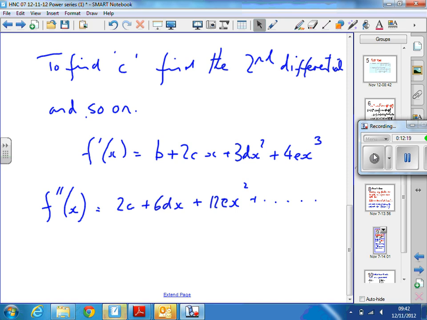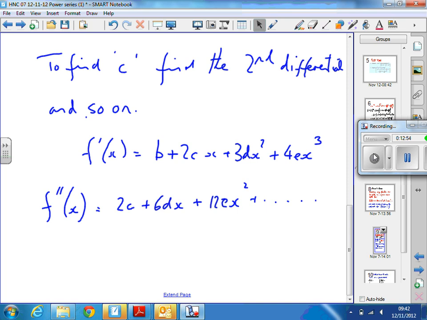I'm using this notation, the double prime notation. And now what we're going to do, let x equals 0, right, okay? And so all the terms, except for the first term, disappear. And when we differentiate e to the x, every time we do it, it's going to be e to the x, isn't it? So e to the 0 is still going to be 1, but now 1 equals 2c.